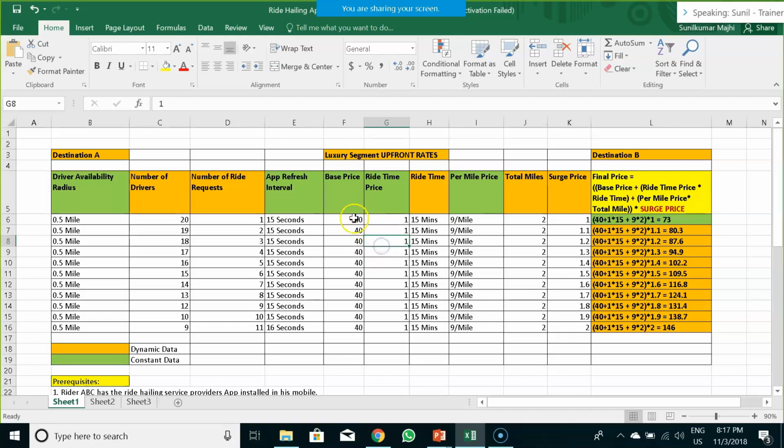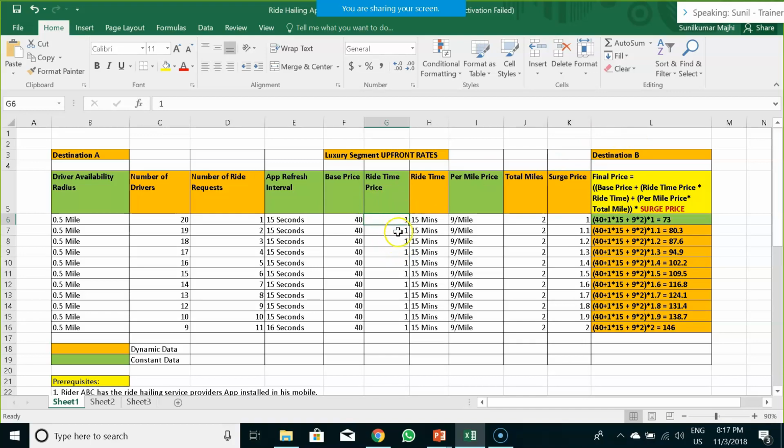So these are essentially the base rates provided by your business stakeholder: the driver availability, the app refresh interval, the base price, and the ride time price. What would be the ride time charges for that particular journey?